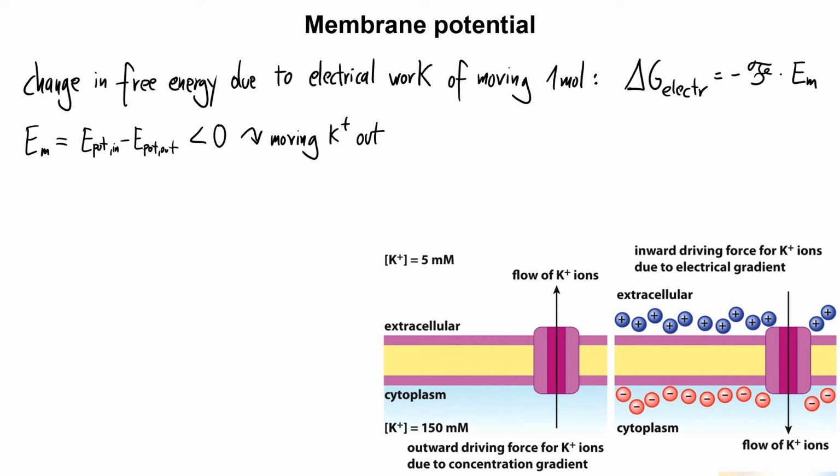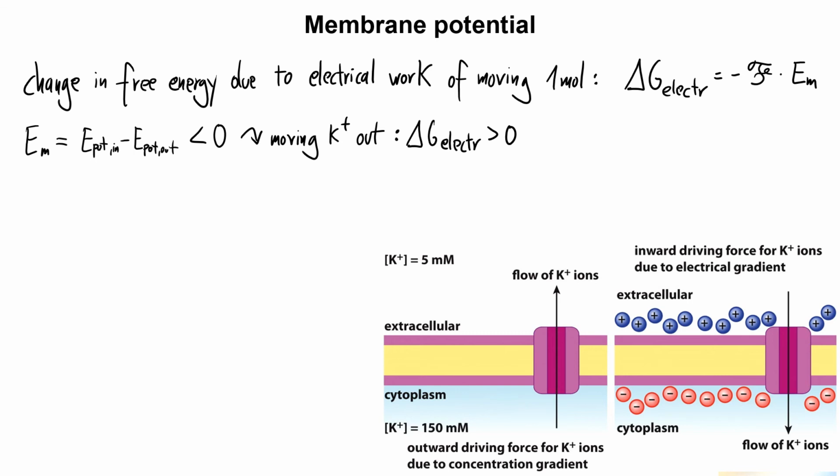So now, if we want to move a potassium ion from the inside to the outside, then we actually have to do work in this situation, because the free energy change for moving potassium from the inside to the outside is positive, because that number for the membrane potential is negative, and that negative number together with the negative sign here will make this term positive, and therefore the free energy change upon moving one potassium ion or a mole of potassium ions outside is a positive number.